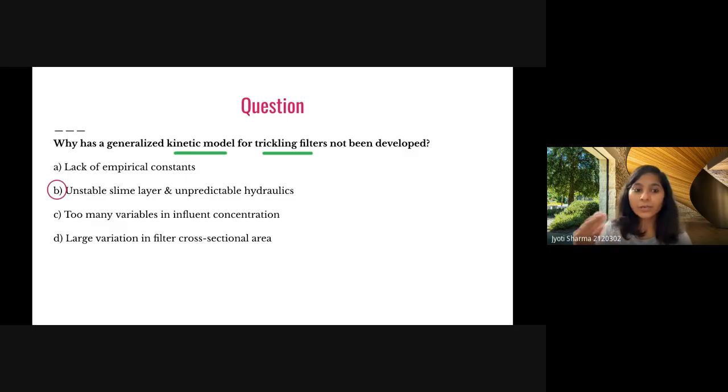So this was the sloughing condition, and because that is very continuous, it is not very easy for the engineer to develop the kinetic model for the trickling filter, just because of this unstable slime layer and unpredictable hydraulics.